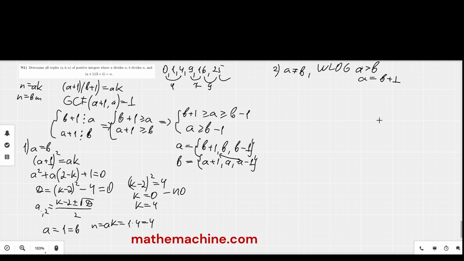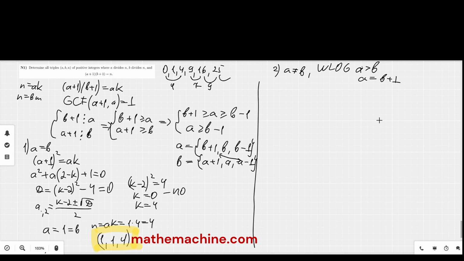So 4 is divisible by a, which is 1, and 4 is divisible by b, which is 1. And so we have a triplet, 1, 1, and 4. This is the only triplet which works for the case a equals b.